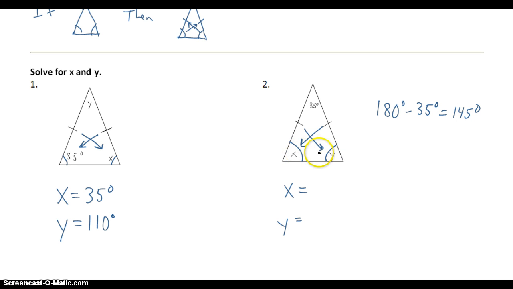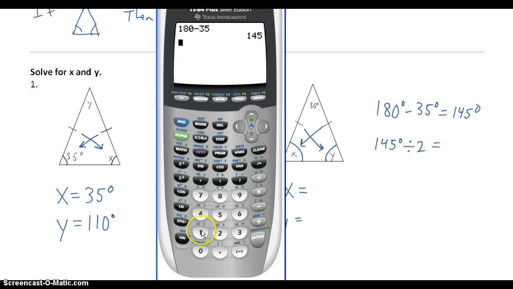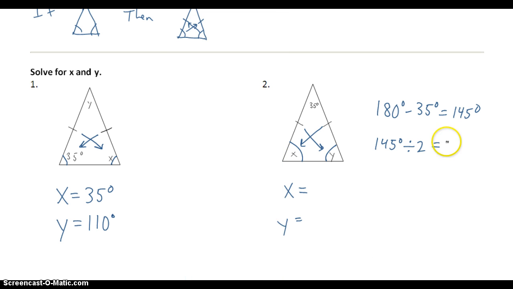And in this case, since these angles are congruent to each other, I can take 145 degrees and divide by 2. And get 72.5. So x has to be 72.5 degrees, and y has to be 72.5 degrees. And the reason I know that I can divide by 2 is these two are the same, so I'm going to divide 145 degrees evenly between two angles.